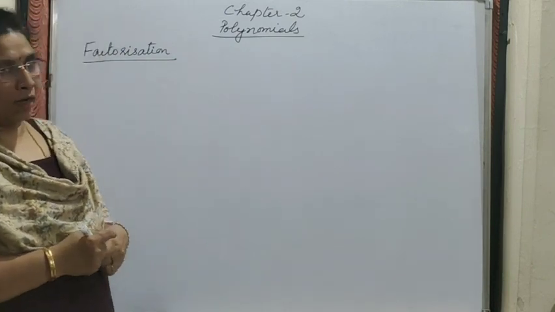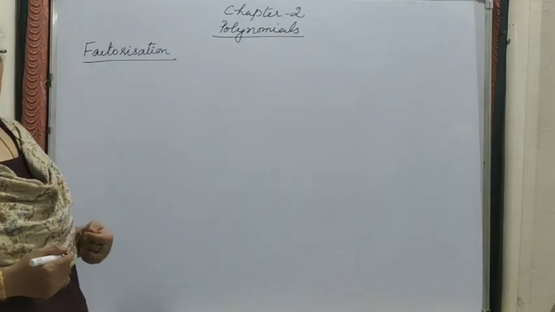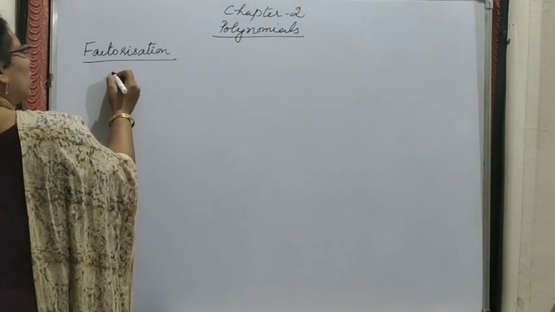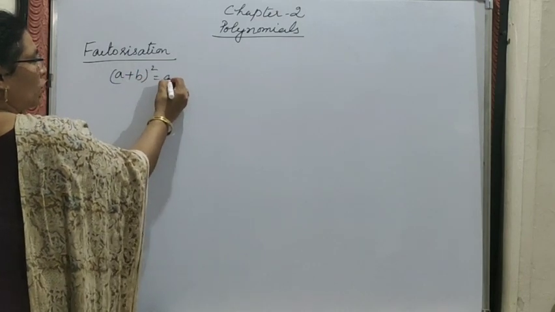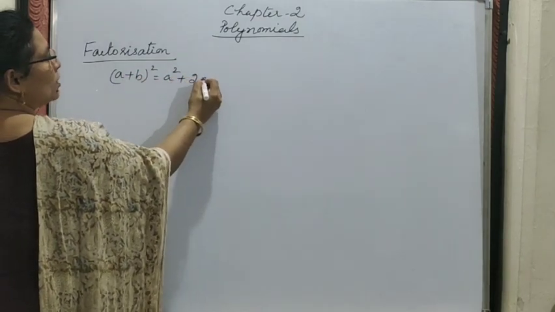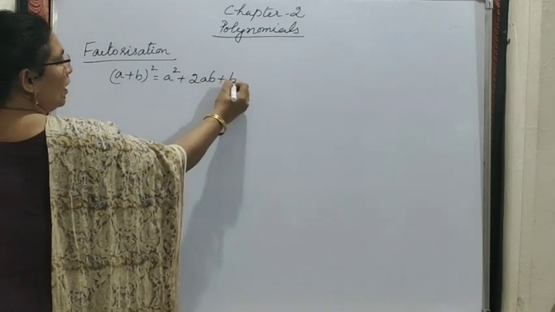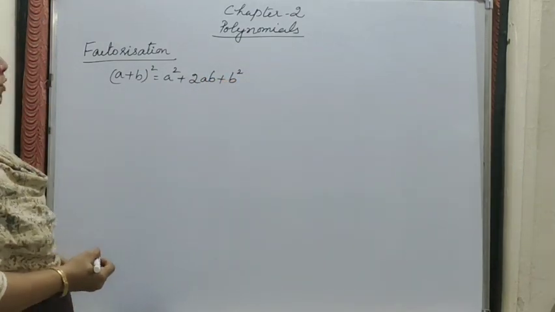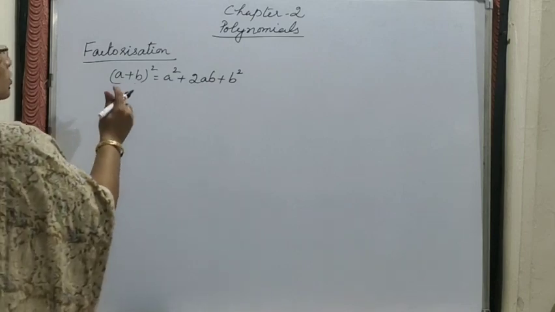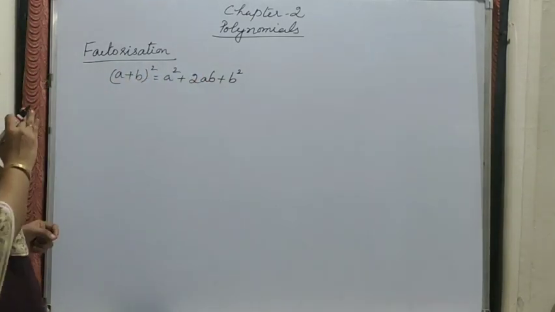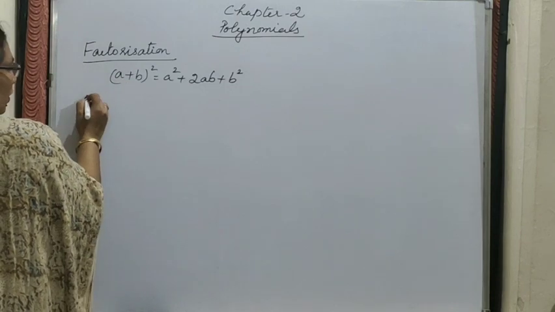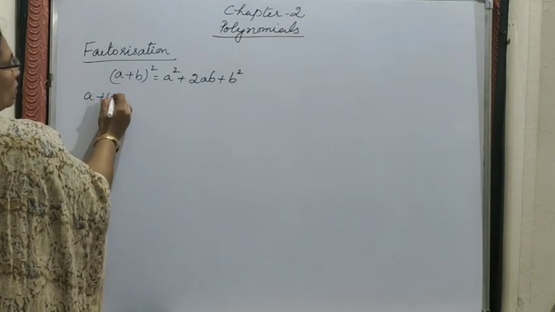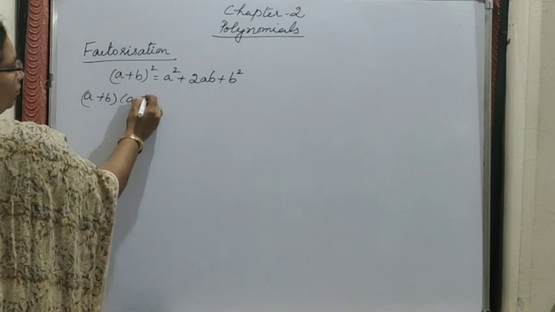I'll tell you what factorization is with an identity. You already know that (a + b) whole square equals a square plus 2ab plus b square, right? This is the expanded form of (a + b) whole square, which I can write as (a + b) into (a + b).